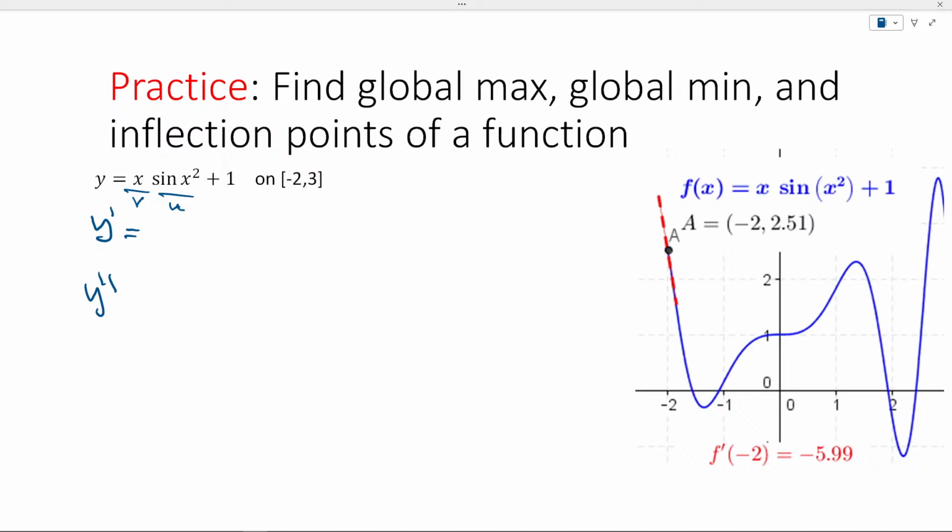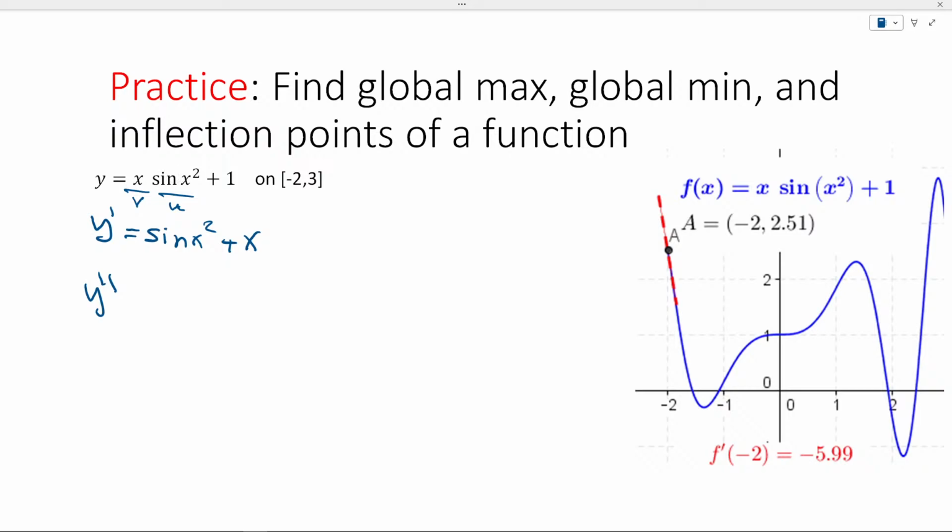So this one, the derivative is 1 times this one, not the derivative. So sine x squared, yeah. And then plus this guy, times the derivative of this guy.